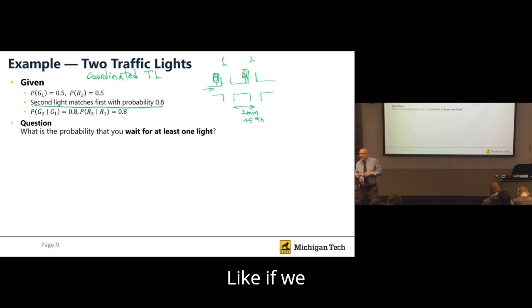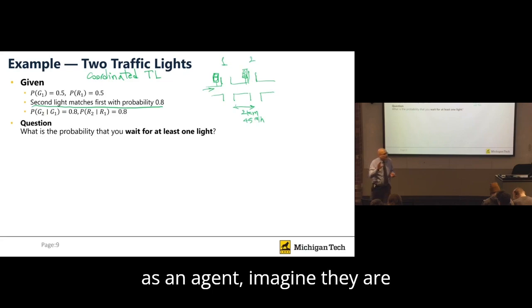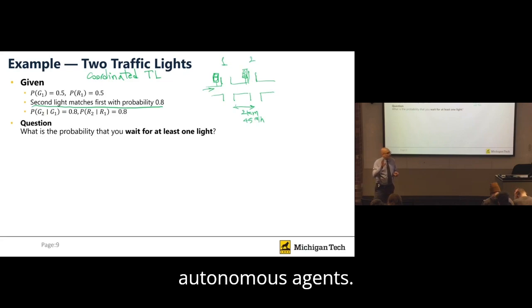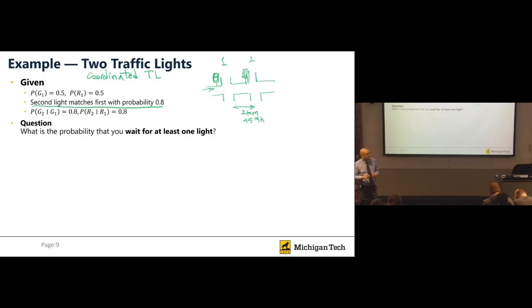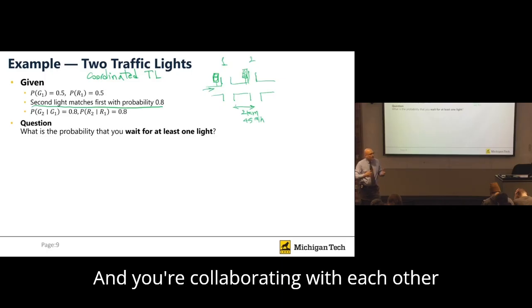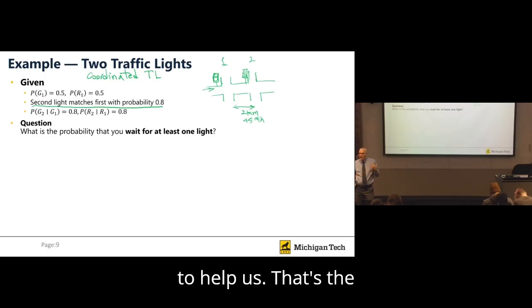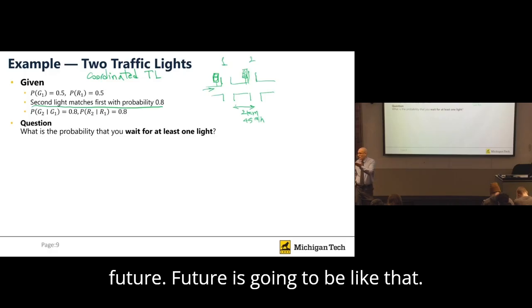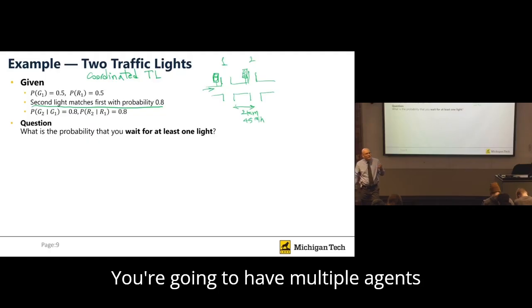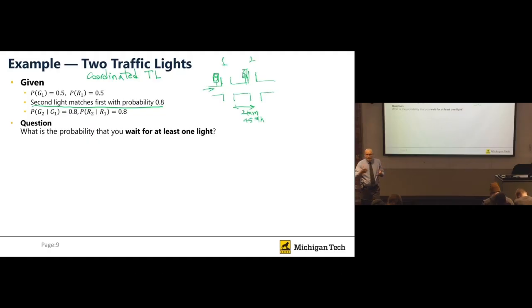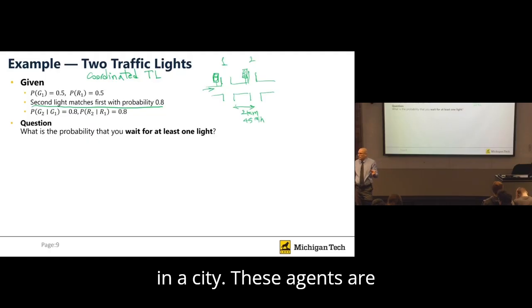Like, if we consider these traffic lights as agents, imagine they are autonomous agents. And they are collaborating with each other to help us. That's the future. The future is going to be like that. You're going to have multiple agents in a city.